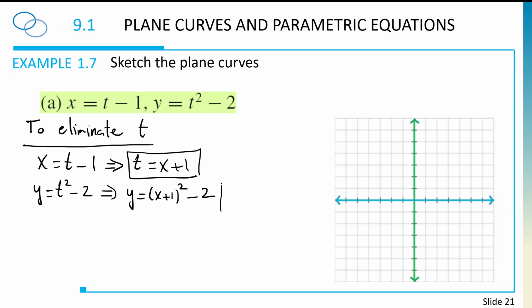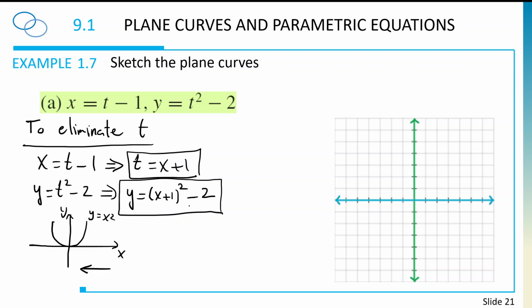This is our function, which is a parabola. Remember, either you know the graph of this function or you use basic transformation. You start with the parabola y equals x squared. And we have plus 1 inside, which means that we move 1 unit to the left, and minus 2, which is 2 units down.